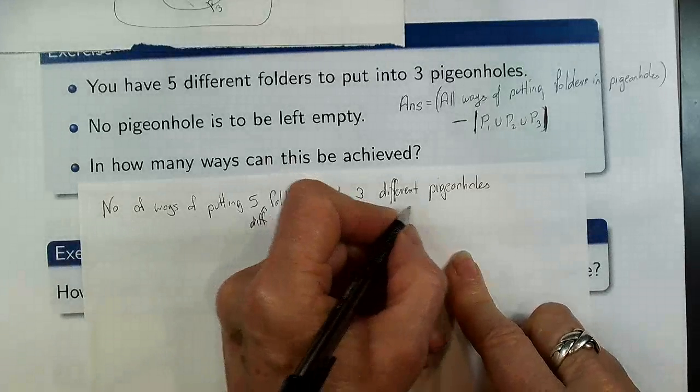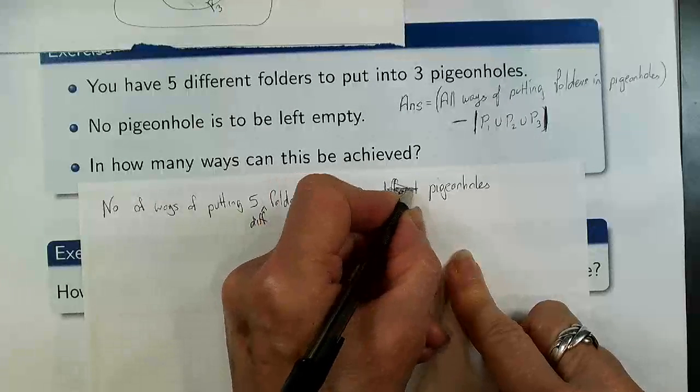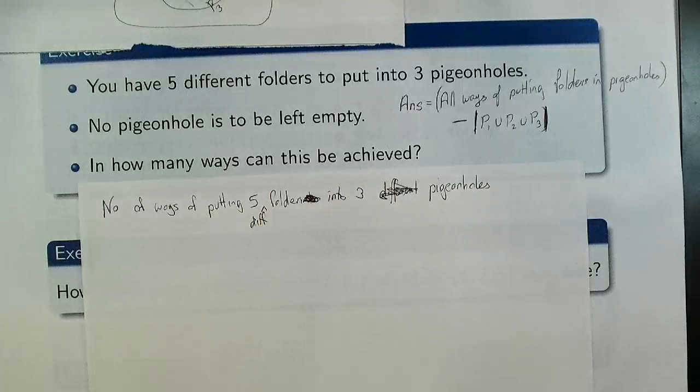In this case, there are 3 pigeonholes, labelled Leanne, Charles, and James. In that case, it would be 3 to the 5. Is it 7 choose 5? Is it 5 times 4 times 3?